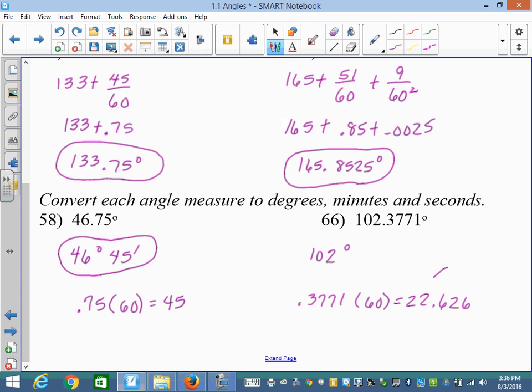The 22 here is your minutes. So we come over here and we go, okay, cool, I've got 22 minutes. Then you take your other decimal, 0.626, and you multiply it by 60.